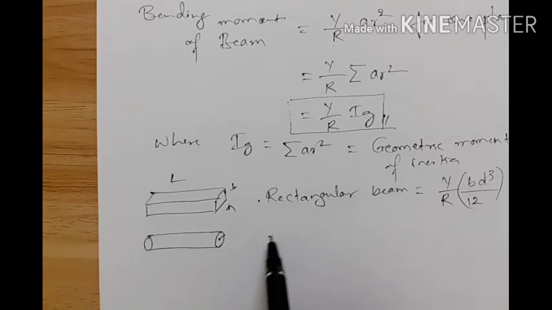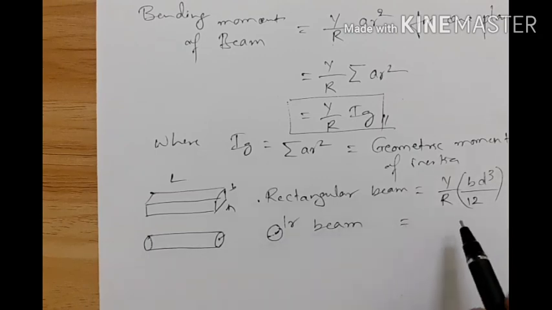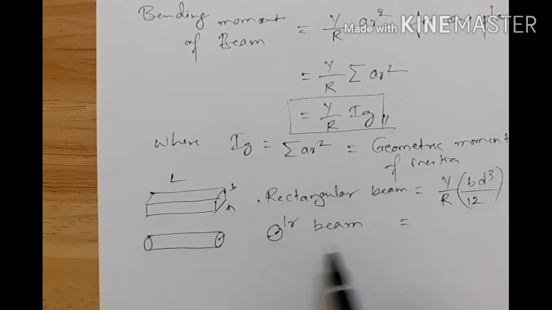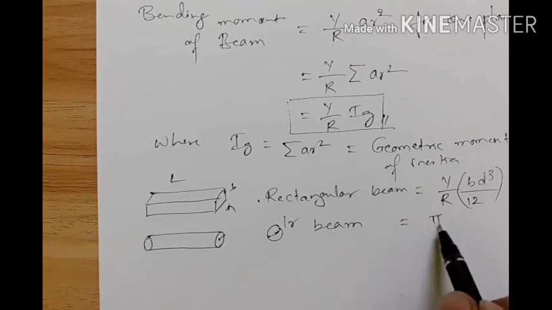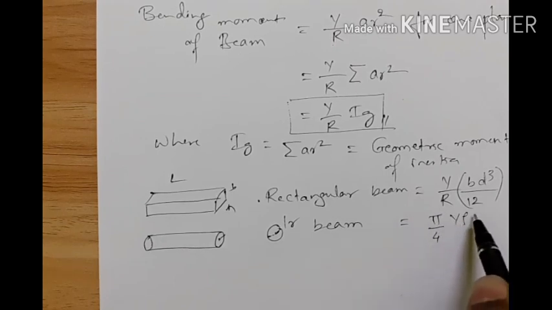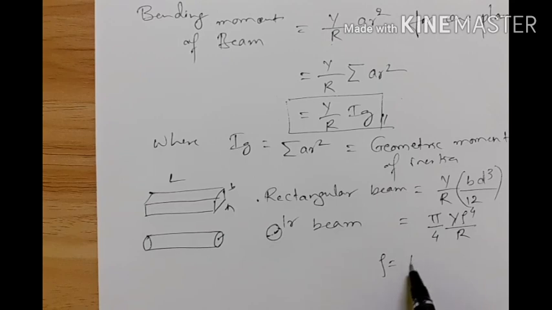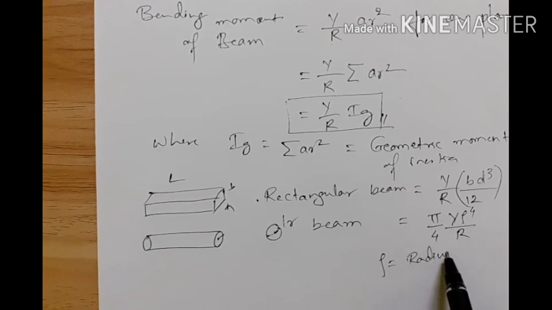And for the circular beam, where the cross section is circular, we have this formula: pi divided by 4, Y rho raised to 4, divided by R, where rho is the radius of this beam.